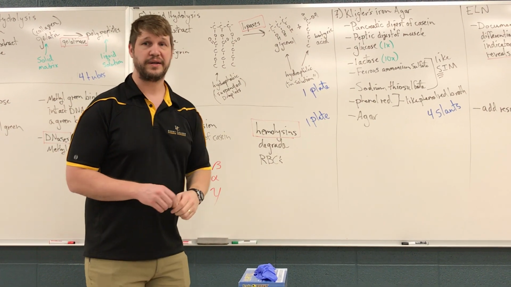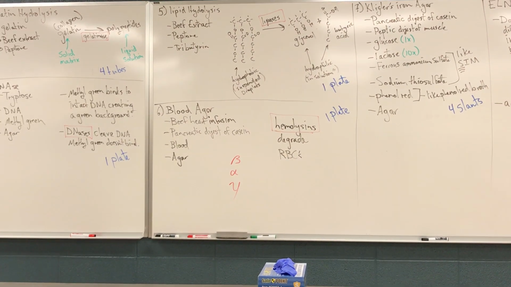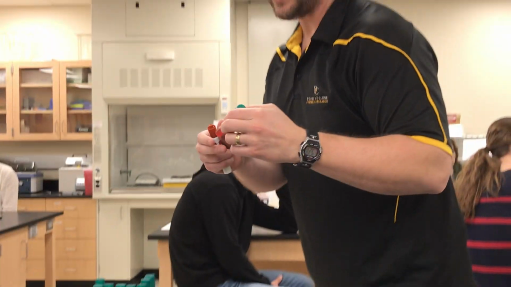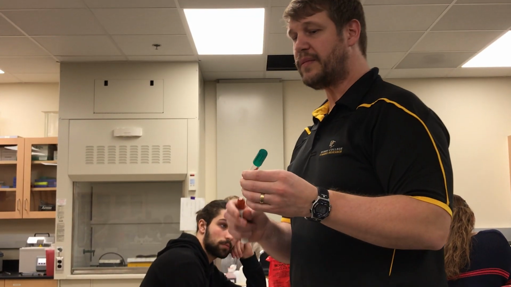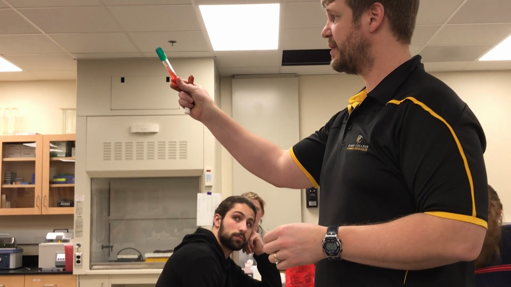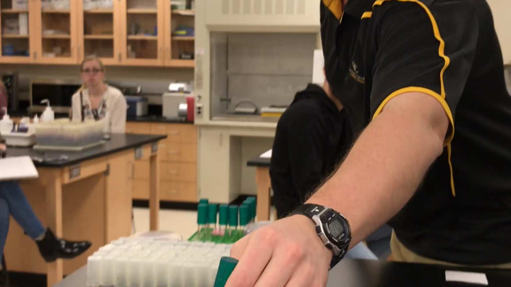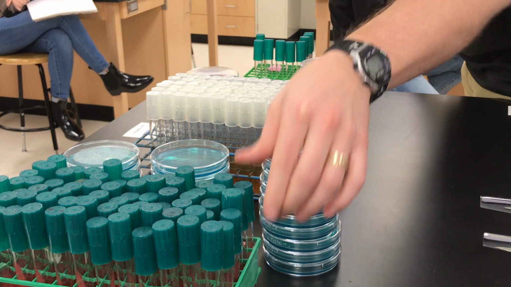Kligler's iron agar is a really super cool media. It actually can tell you a lot of different stuff about the organism that you inoculate it with. It's poured as a slant, and it has a combination of two media that we've actually worked with before.